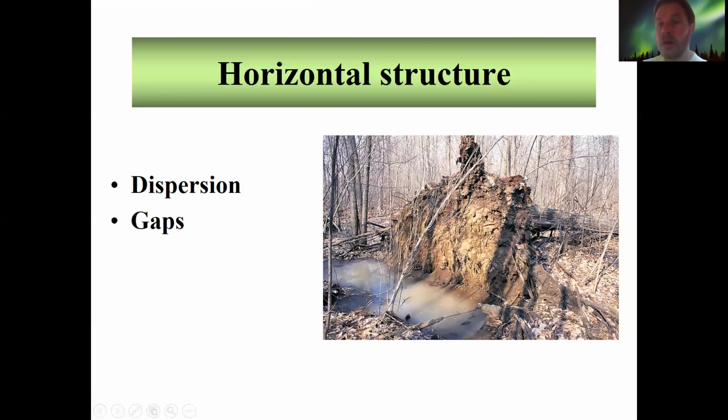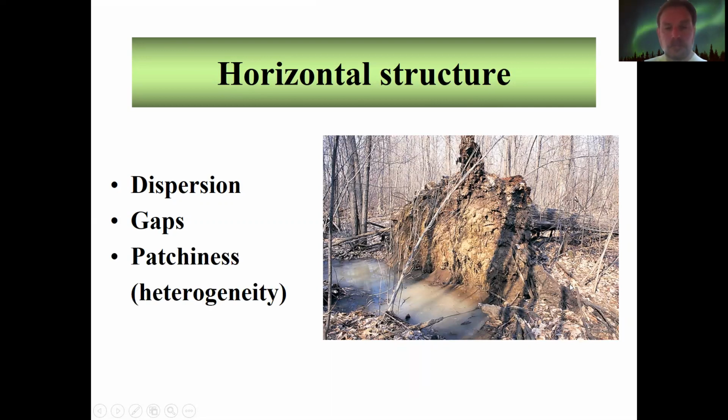You suddenly come upon a fallen tree with a lot of downed wood and a big hole in the canopy where lots of light comes through. The more patchy or heterogeneous a community is with respect to its plant and abiotic structure, the more niches for animals.